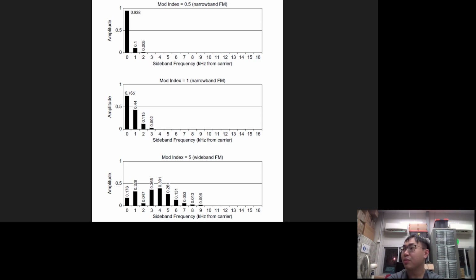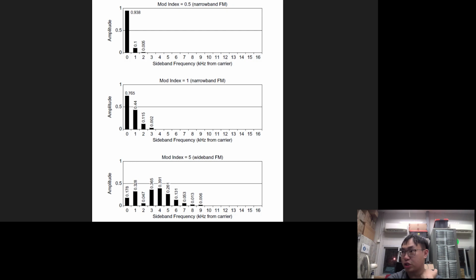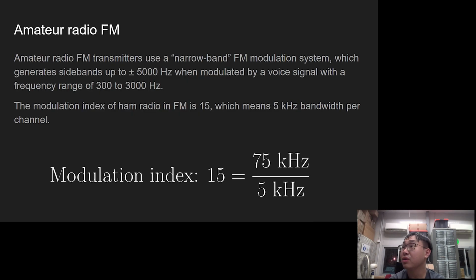When they do deeper modulation, the frequencies spread out. I don't think they will ask you this, but just to let you know that the deeper the modulation for FM, the more different frequencies you use across the spectrum.